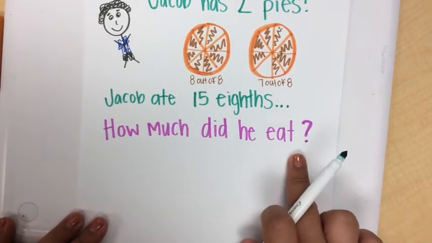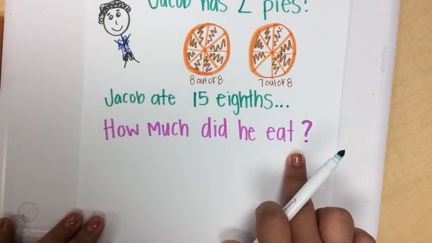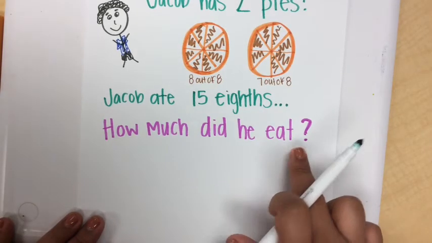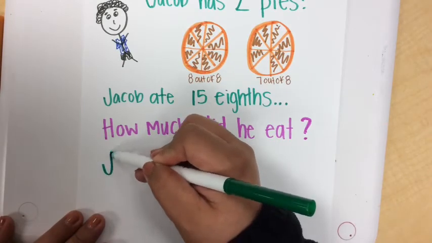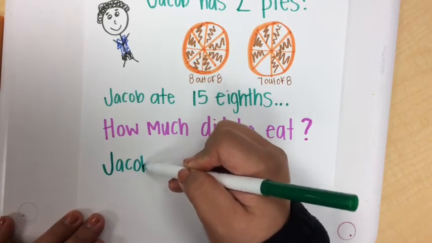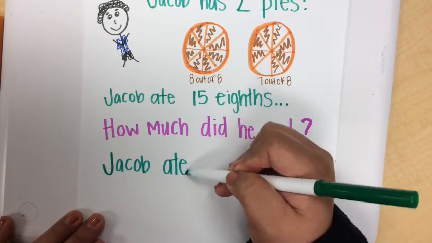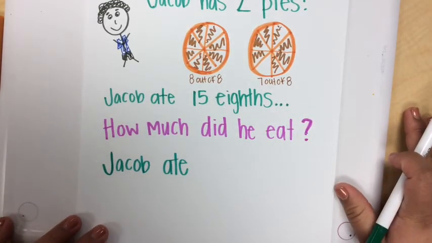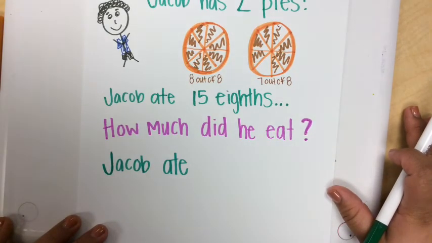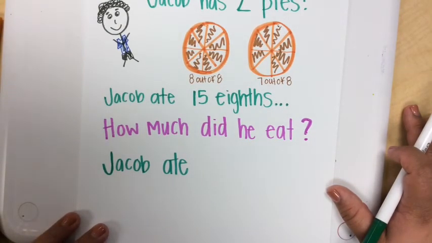So, how much did Jacob eat? Jacob ate. How much did he eat? Emily. 15 slices. Well, he did eat 15 slices, but how do I say that with my fraction vocabulary? Franceli, what do you think? 15/8.